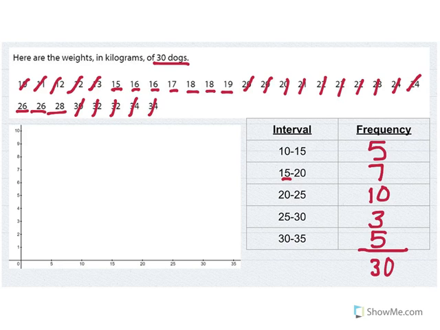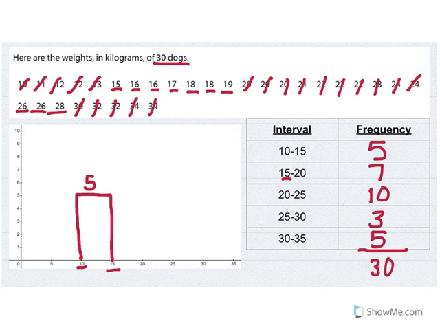So from 10 to 15, we're going to draw a bar that goes up to 5 and goes from 10 to 15. And we can even put a little 5 above it to show that there are 5 data points. So the histogram shows the interval 10 to 15 has 5 data points.